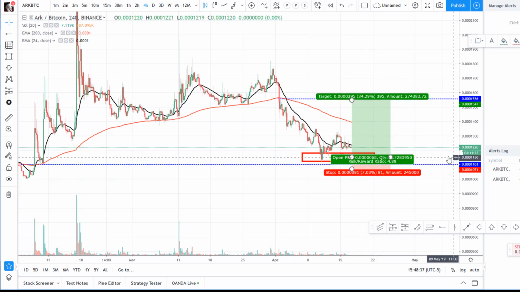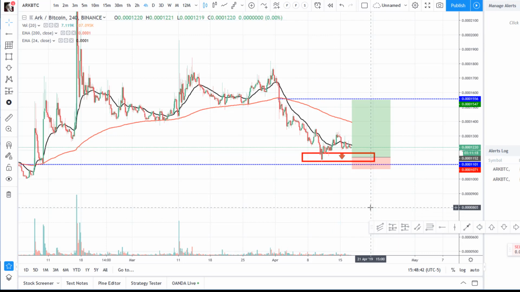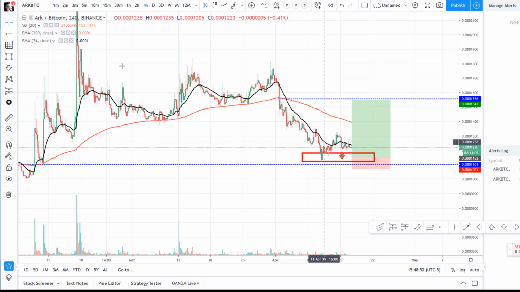So, pretty good risk reward ratio. This is an example, once again, of just using these simple market memory crosses for potential price areas within your chart. Let's move on to another example.